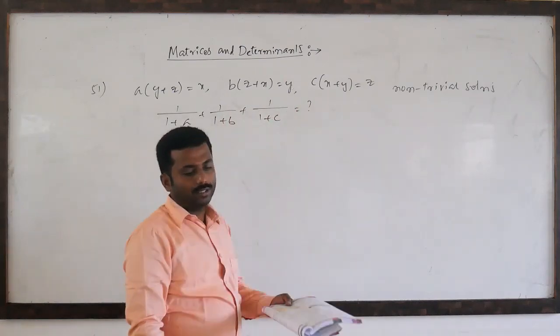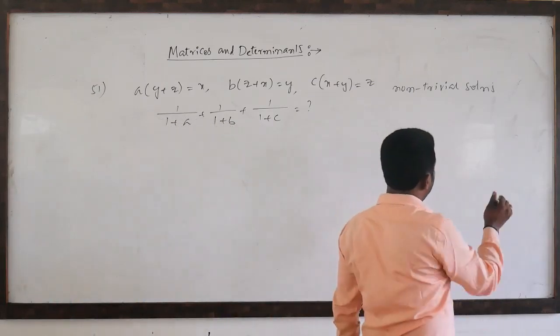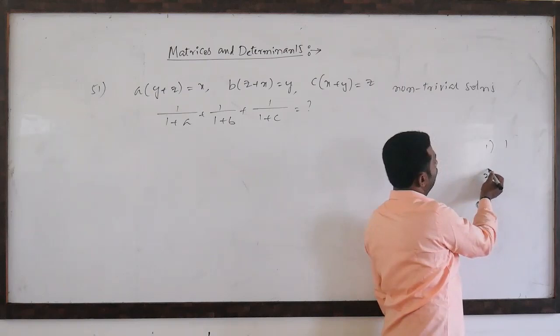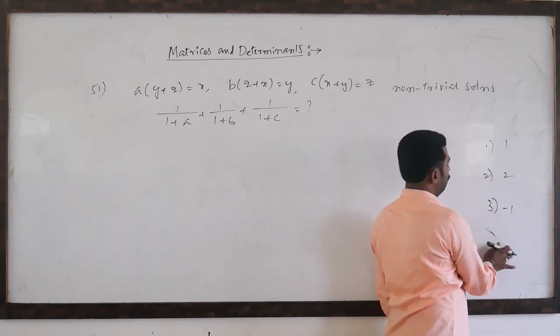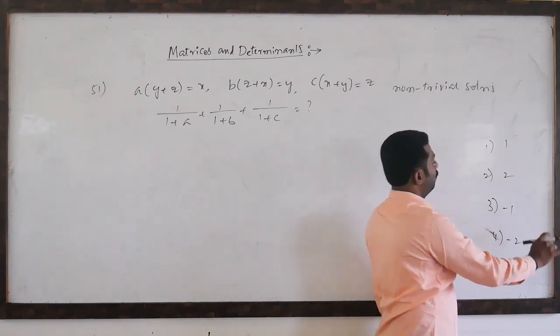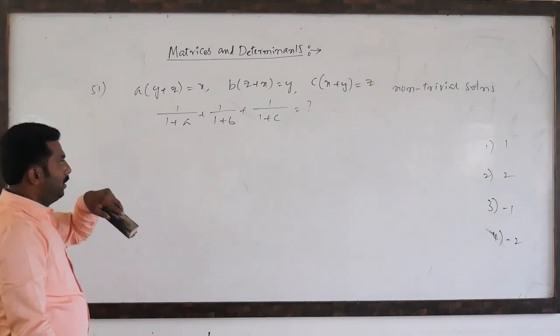Options: 1, 2, minus 1, minus 2. So which is the correct option we have to identify.